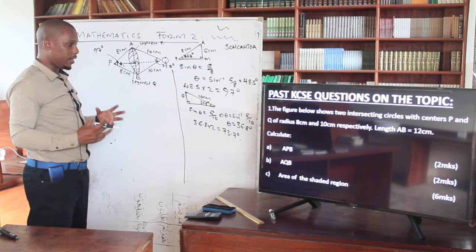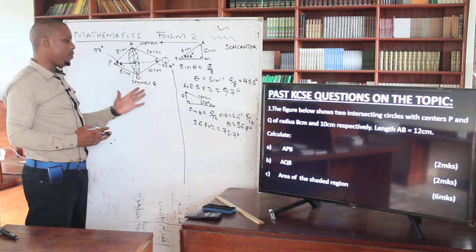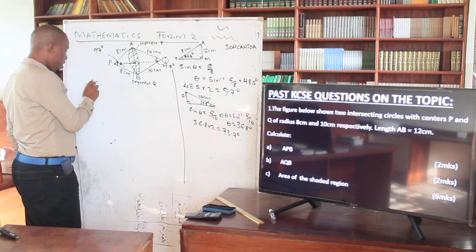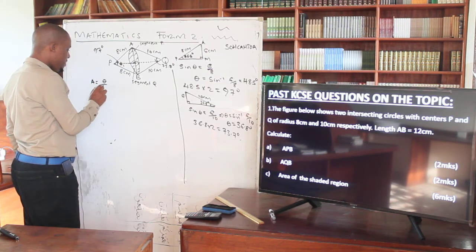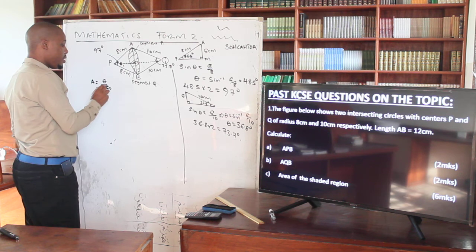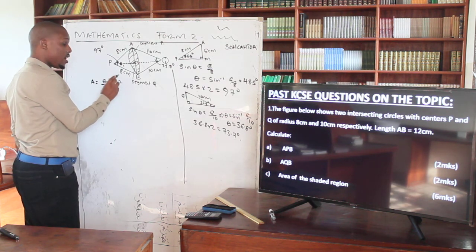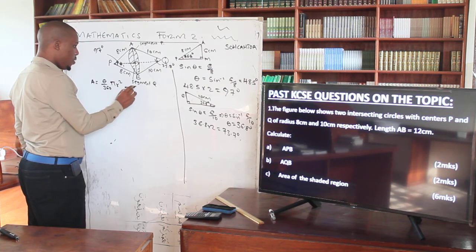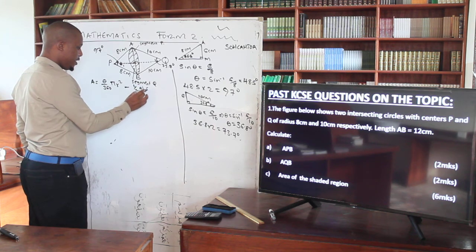And then we agreed that the formula for finding the segment area is the area of a sector, which is given by theta over 360 times pi r squared, where pi is a constant, minus the area of a triangle. And if you have the angle, the best formula is a half ab sine theta.